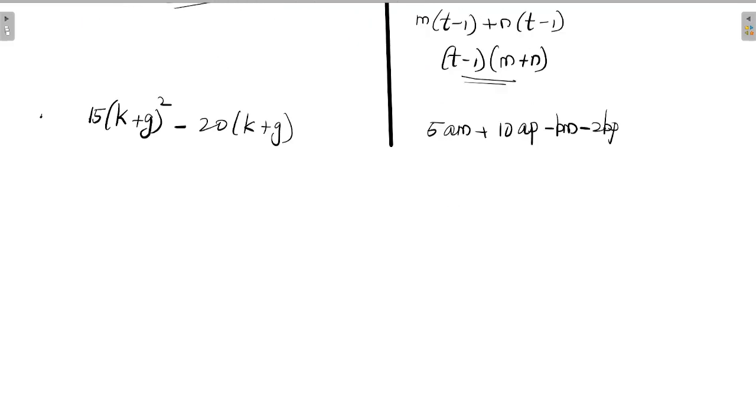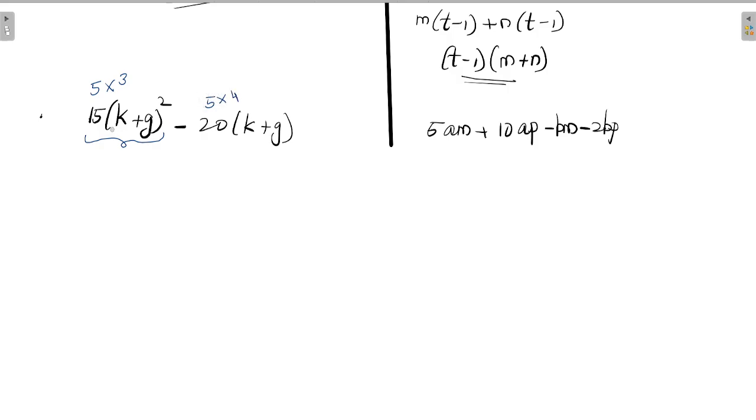Now we can check the first term. There is a common factor. 15 is a multiple of 5, so 5 times 3. This 20 is also a multiple of 5, so 5 times 4. The numerical terms are easy.